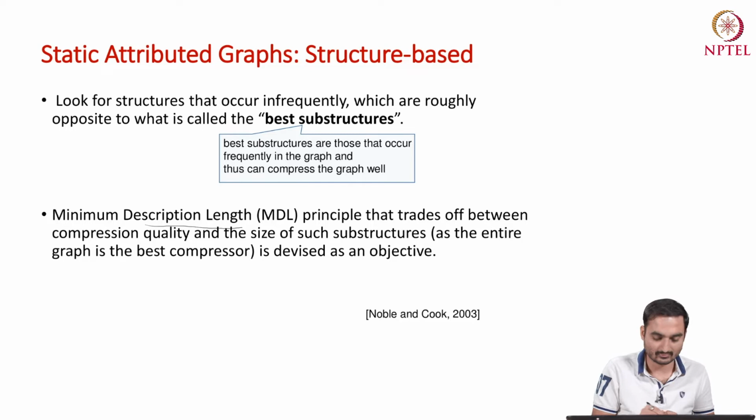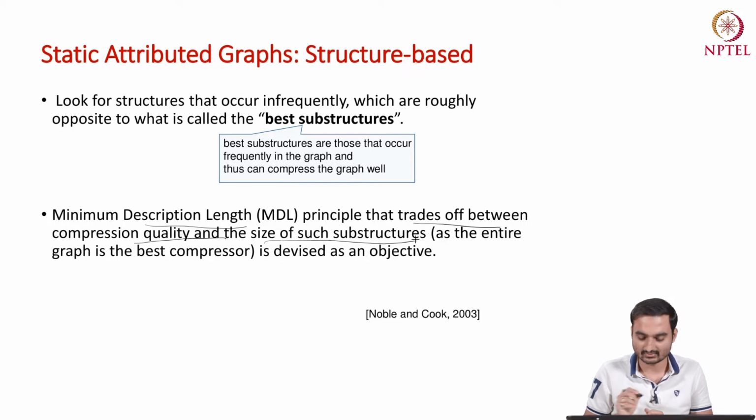The minimum description length principle trades off between the compression quality and the size of the substructure, and these are devised as the objective function. This is the famous paper by Noble and Cook. If you want, you can look at this paper.